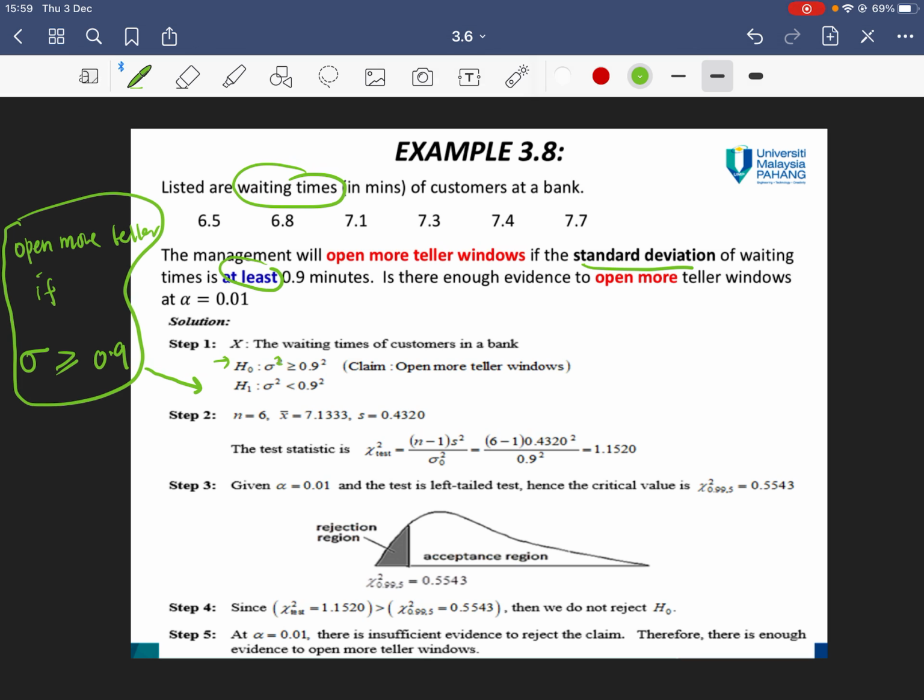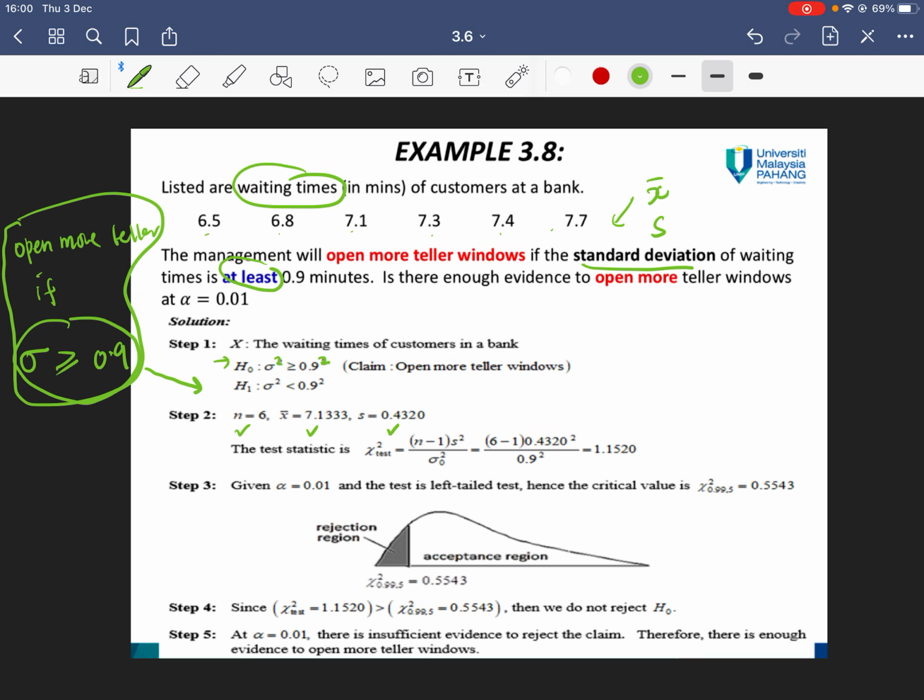Why do we have square here? Because this one is standard deviation. Put into variance, you will get the square. So H null, H1. How many samples? 1, 2, 3, 4, 5, 6. N equals 6. From this data, put it into your calculator and we will have the X bar and the S. The test statistic, chi-square test, equals n minus 1 times s square over sigma square naught.